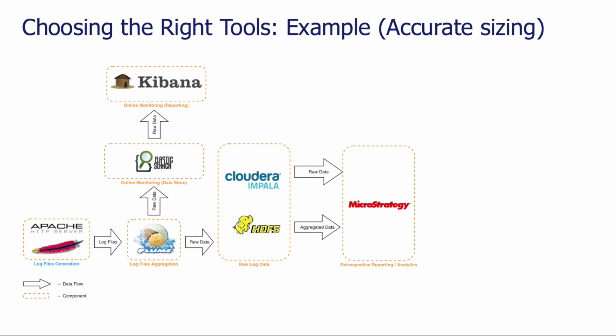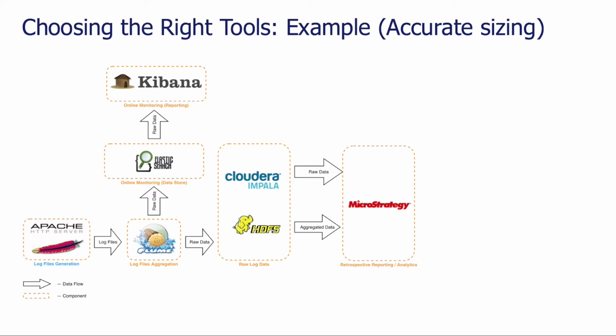Right, the other important thing in picking tools is accurate sizing. For instance, if you take a look at this data flow, the log files go from the web servers to the Flume servers and then to Elasticsearch and Cloudera. And if you take a look at this data flow and the connectors, you need to really ensure that data is not stuck at any of these points, which means that there is no single point of slowness in your system.